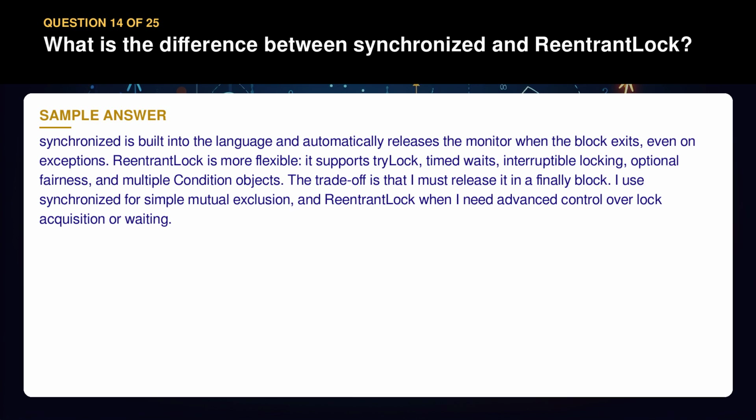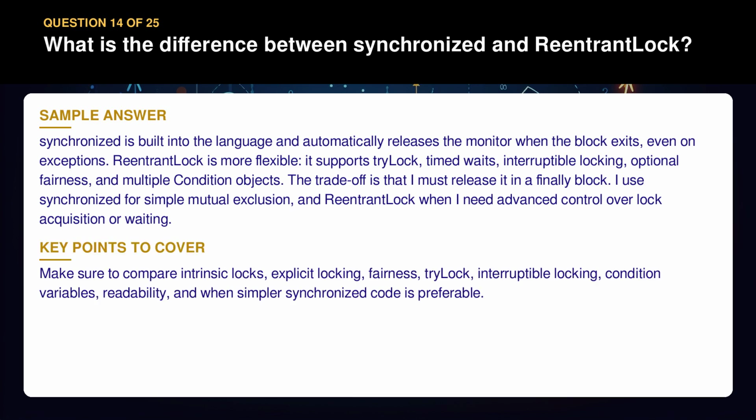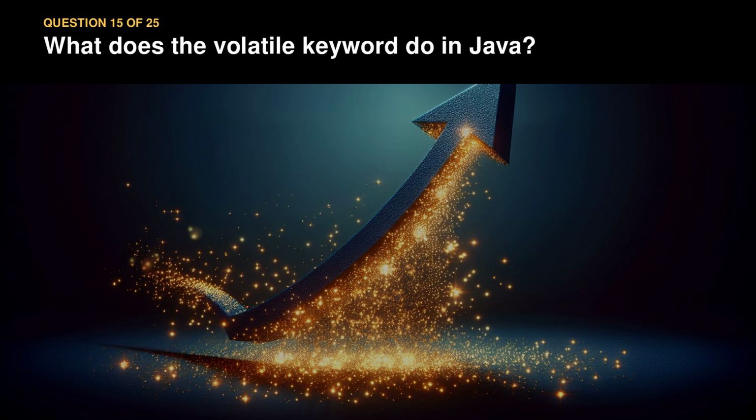I use synchronized for simple mutual exclusion and ReentrantLock when I need advanced control over lock acquisition or waiting. Make sure to compare intrinsic locks, explicit locking, fairness, try-lock, interruptible locking, condition variables, readability, and when simpler synchronized code is preferable.